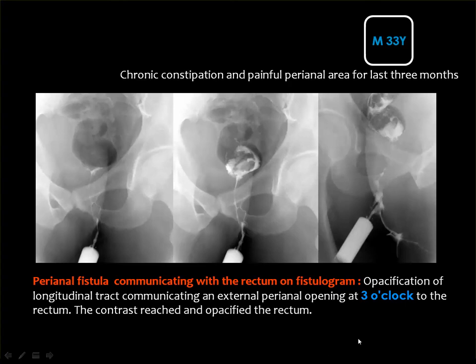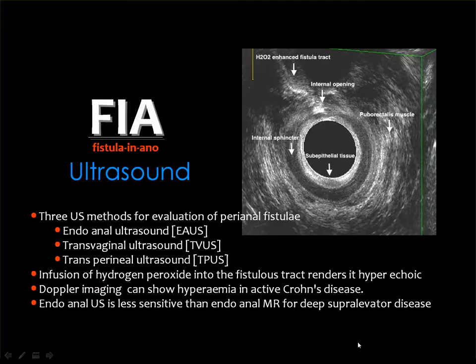Then ultrasound is also one of the techniques that can help in the diagnosis of anal fistula, and there are 3 methods for ultrasound: the endoanal, the transvaginal, and the transperineal ultrasound. Sometimes they infuse hydrogen peroxide into the external fistulous opening, which will lead to hyperechogenicity inside the fistulous tract.